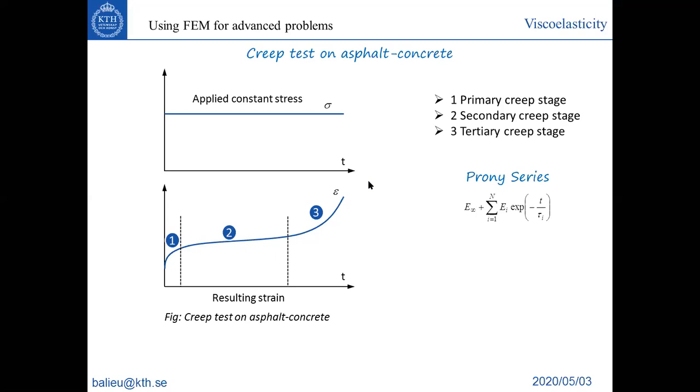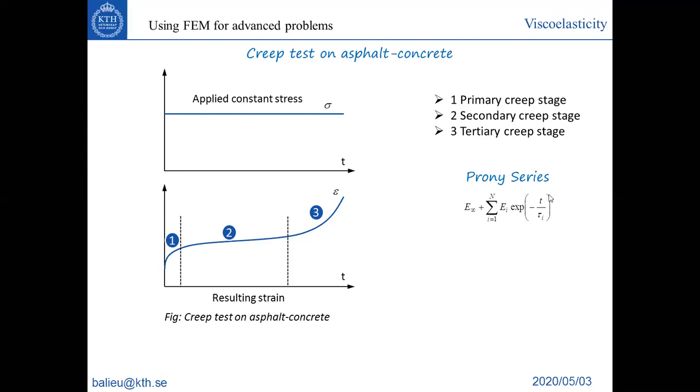So we have looked into the material model called the Maxwell model, which is used with the Prony series. If you look into the mathematics of the Prony series, what happens now? Let's say your time is very small, so let's say t tends to 0.